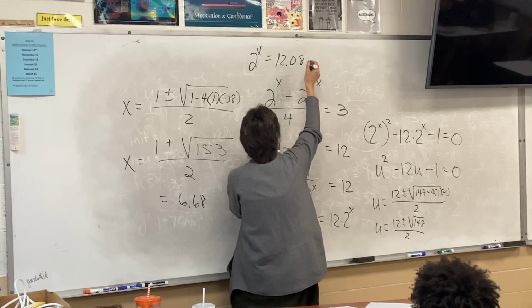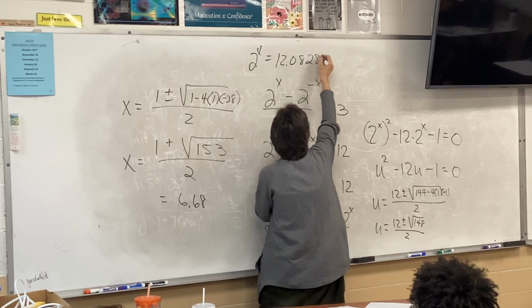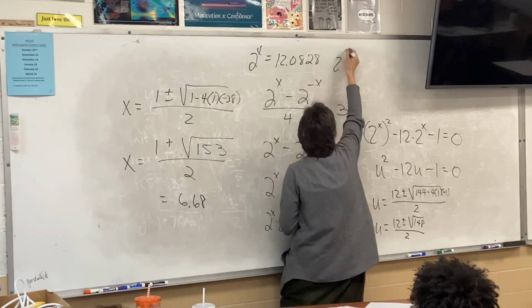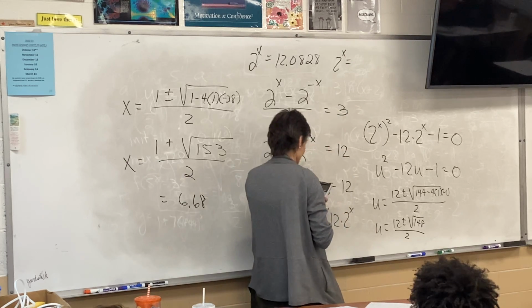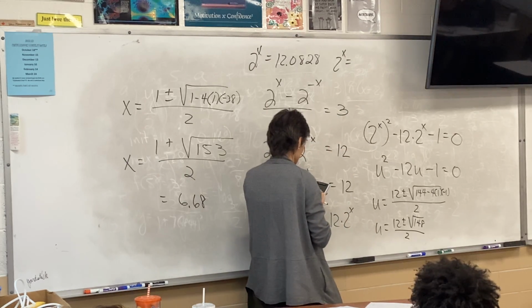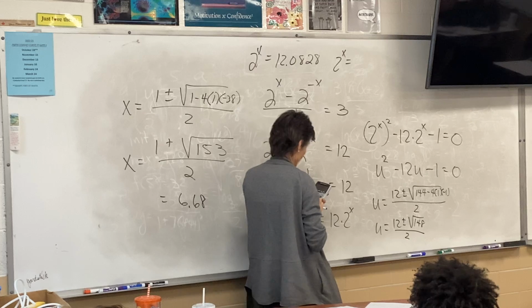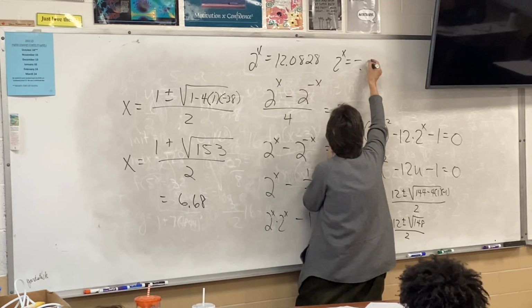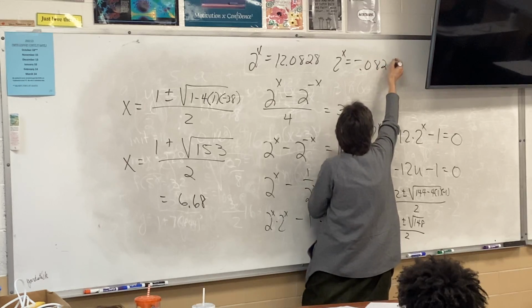I'll carry a few more decimal places, 2.8. Or 2 to the x equals 12 minus the square root of 148, which is negative 0.0828.